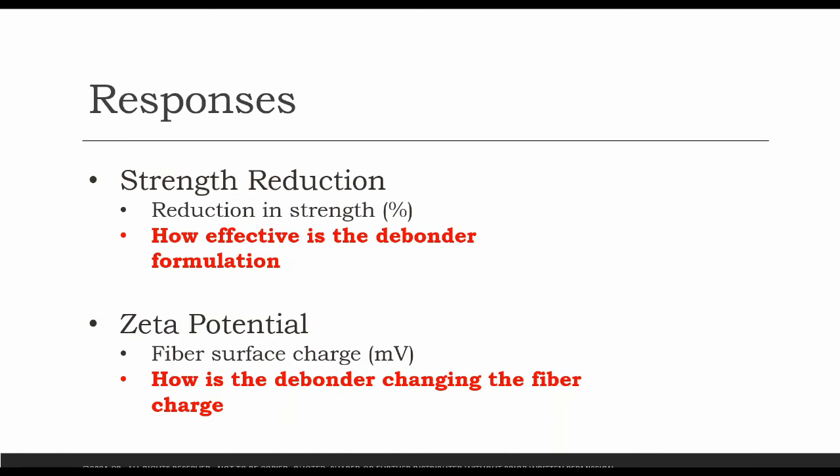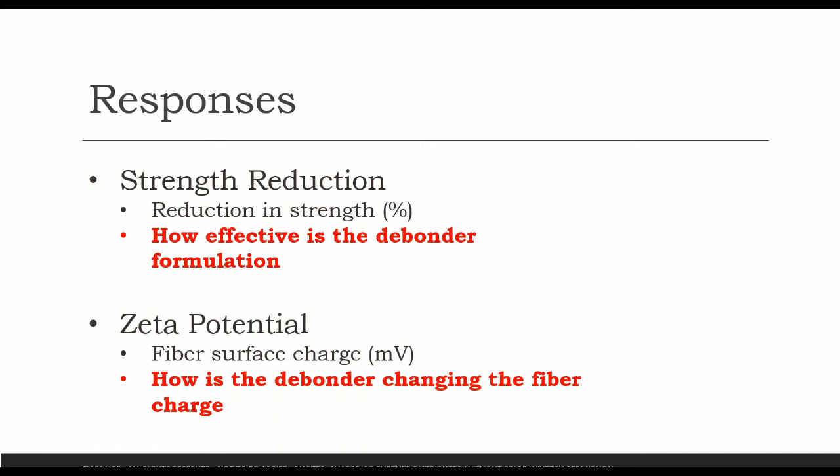We have 2 responses that we're going to be looking at. One is strength reduction. So I talked a few slides ago about how debonders are added to the wet end of the papermaking process to reduce our strength. So now we'll measure how much strength we are really losing by adding our debonder.